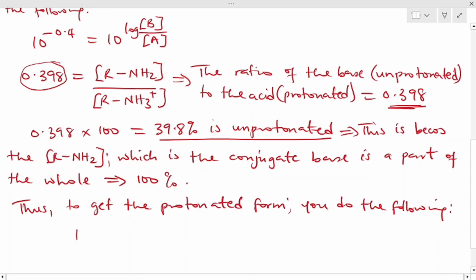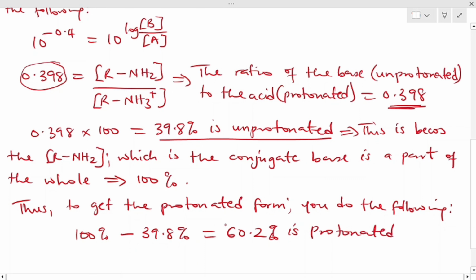That is the whole, which is 100%, minus the 39.8% of the unprotonated form, and that gives you 60.2%. That shows that 60.2% of the acid is protonated. So 60.2% is actually the percent that is protonated, which the question is asking. So this right here is the answer to that problem.